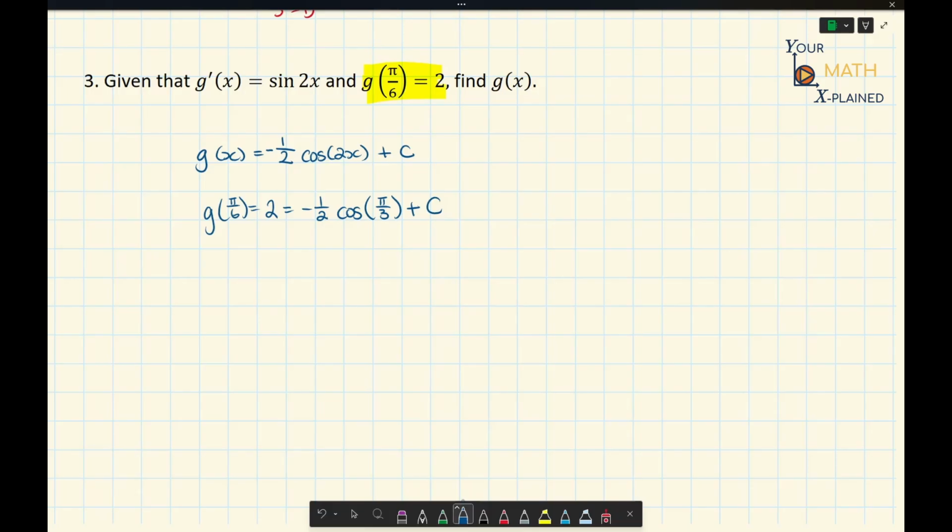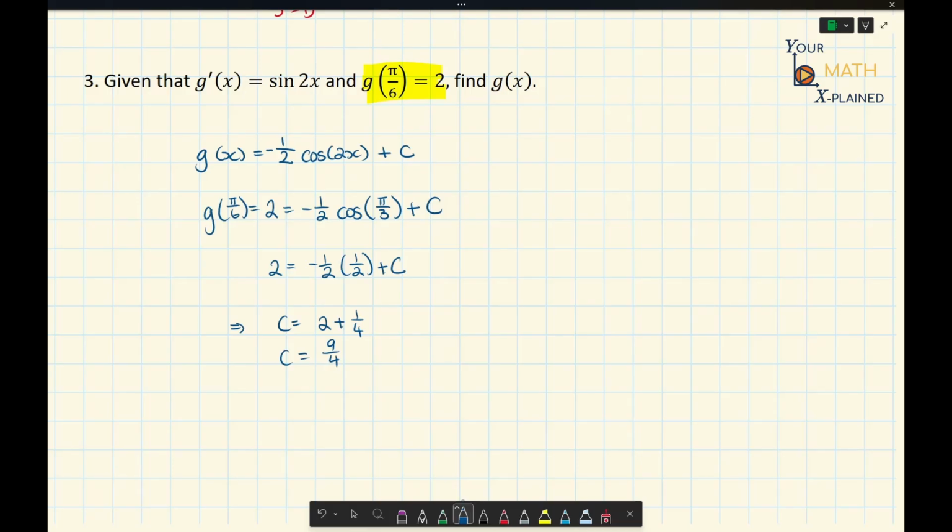Now pi over 3 is one of our special angles, so cosine of pi over 3 is 1/2. So this is negative 1/2 times 1/2 plus c is equal to 2, which means c is equal to 2 plus 1/4. So c is equal to 9 over 4.